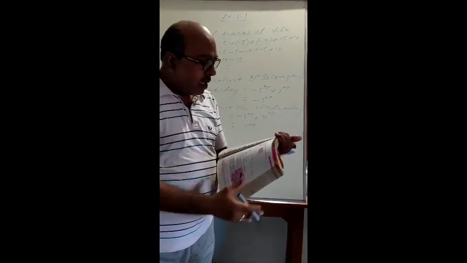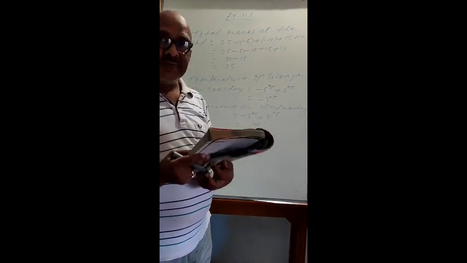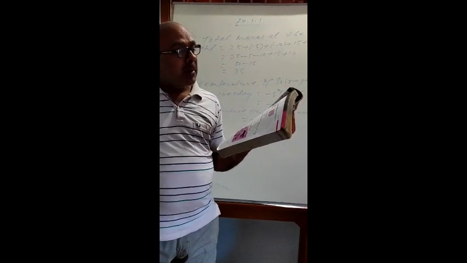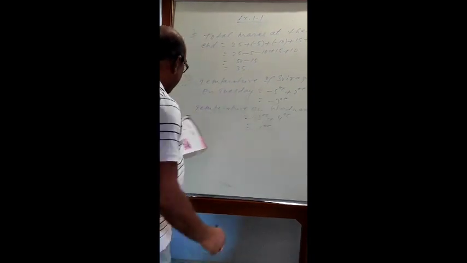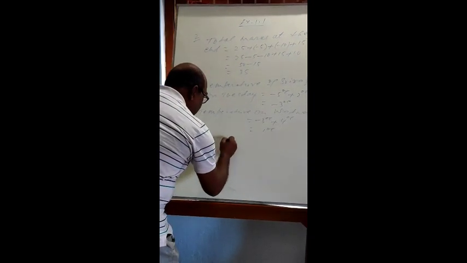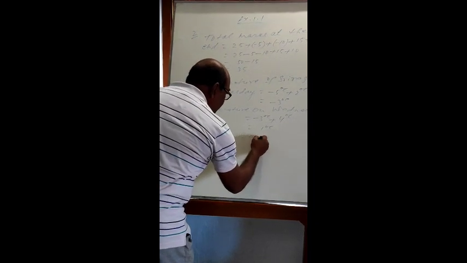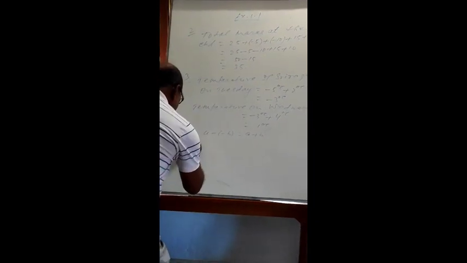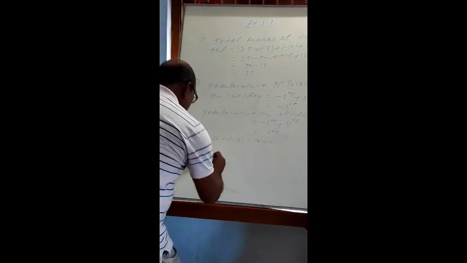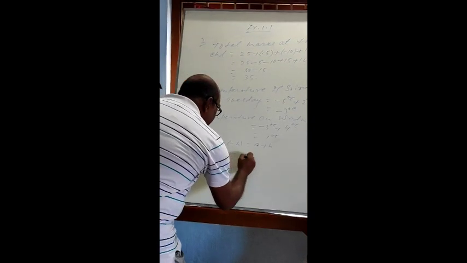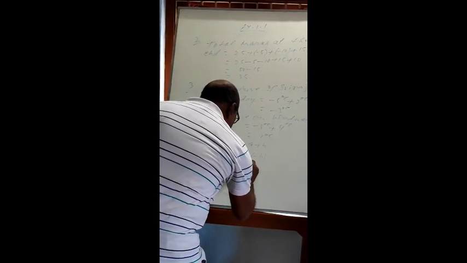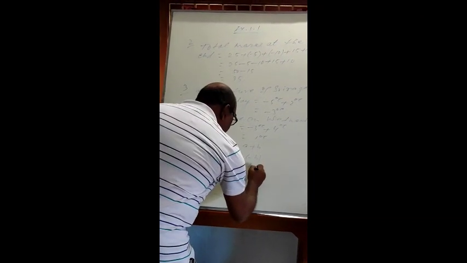Now we come to question number 8. In question number 8, you have to verify a minus b is equal to a plus b. In question number a, a is 21 and b is equal to 18, and therefore your left hand side, that is a minus b, is equal to 21 minus 18 minus 18.